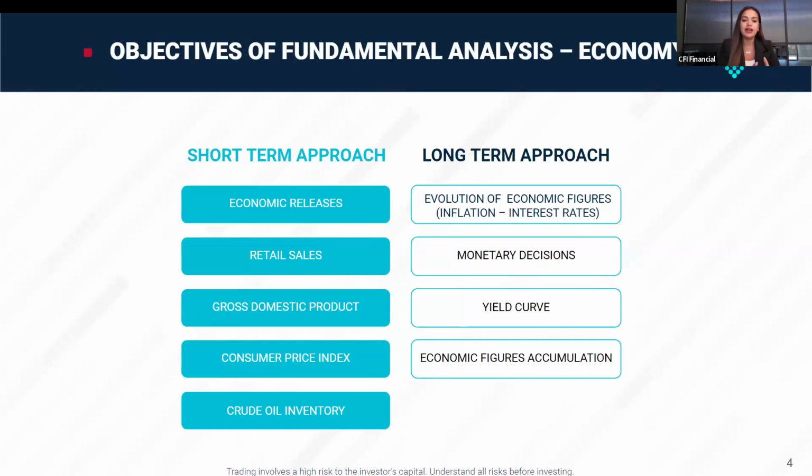When there's a release for a specific indicator, we analyze the effect of this indicator. For example, if today the GDP reading will be released, we do an analysis for the expected reading and compare it to the previous reading. So basically, it's a short-term approach.